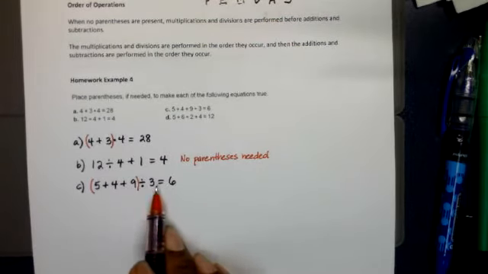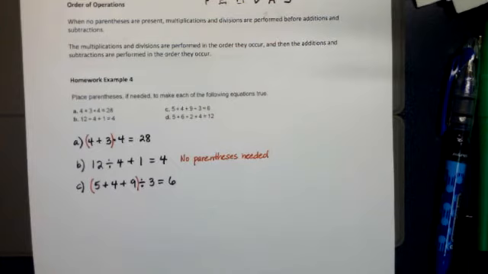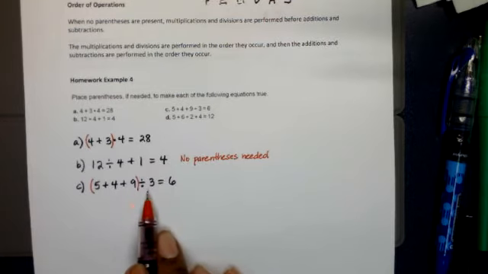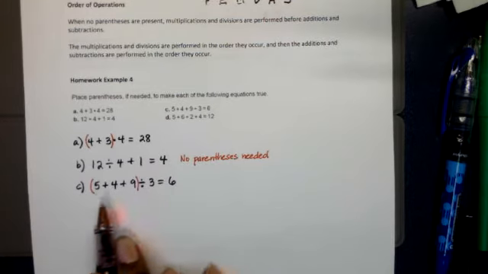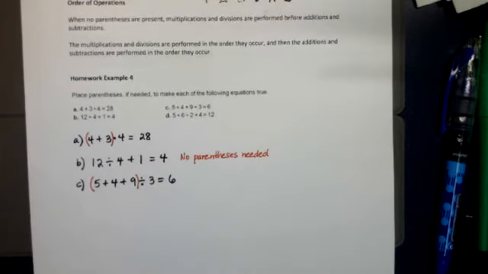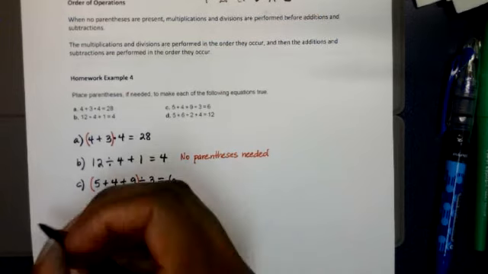Then 18 divided by 3 gives me 6. If I were to leave the parentheses off, I would have to do 9 divided by 3 first, which is 3, and then 5 plus 4 plus 3 will not give me 6. So I need parentheses around the 5 plus 4 plus 9.